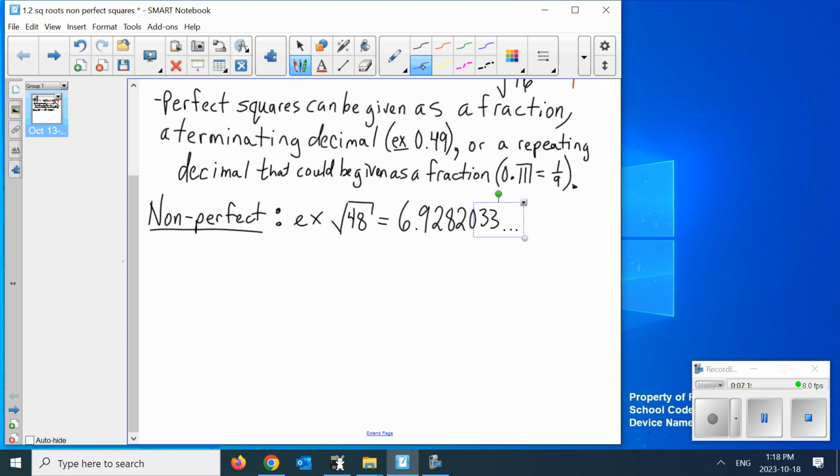Irrational number. Non-perfect, because the decimal doesn't terminate.